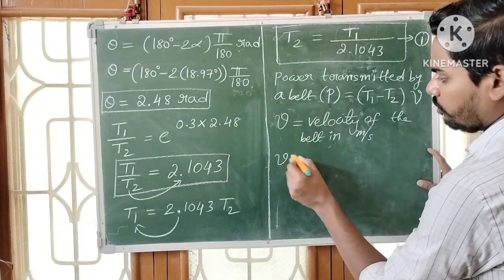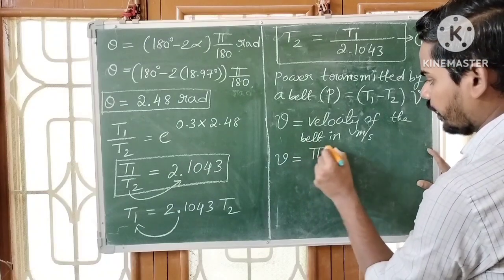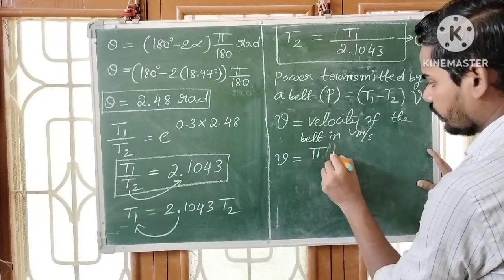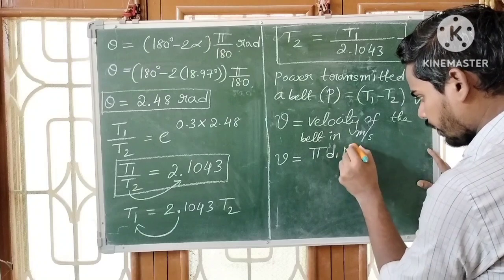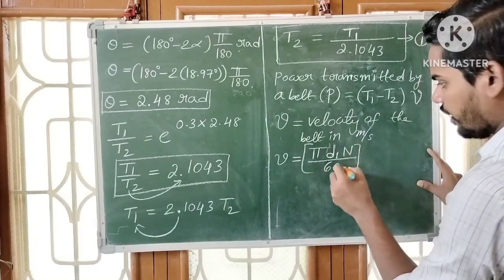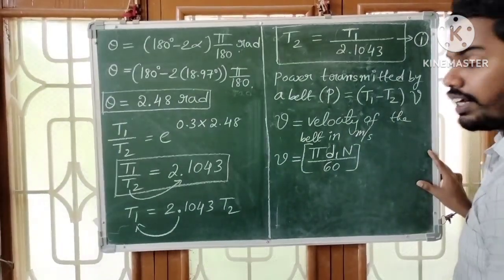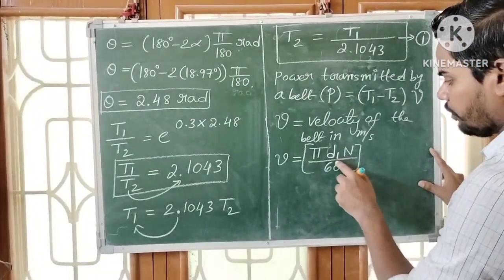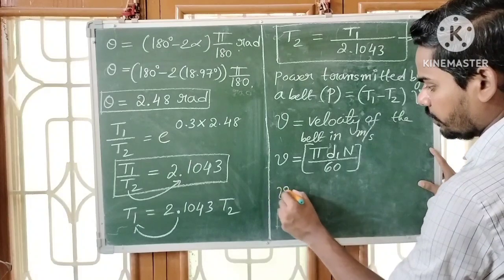So what is the formula for V? V is equal to pi d1 n by 60. Here d1 means diameter of larger pulley in meters. N is the rotational speed.